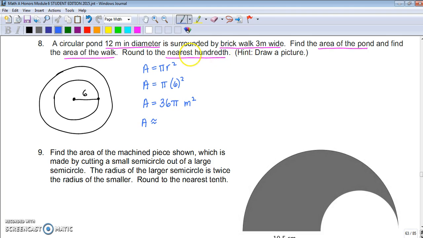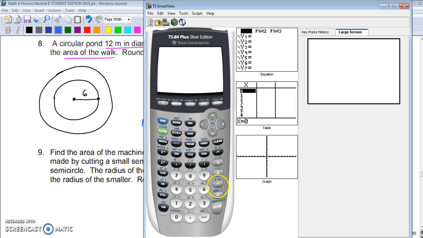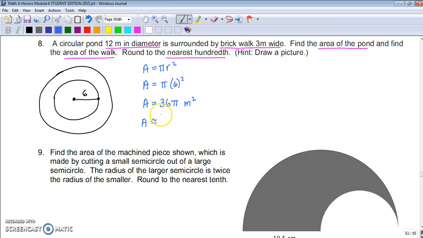Whatever your teacher prefers, if your teacher prefers you to use the pi button or the 3.14 approximation, we might get slightly different answers. I'm going to type this out on my calculator. I'm going to use the pi button. I'm going to round to the nearest hundredth, which means that that 9 is going to go up to a 10 because of the 7. And so I end up getting the area is approximately 113.10 meters squared. There's my first answer.